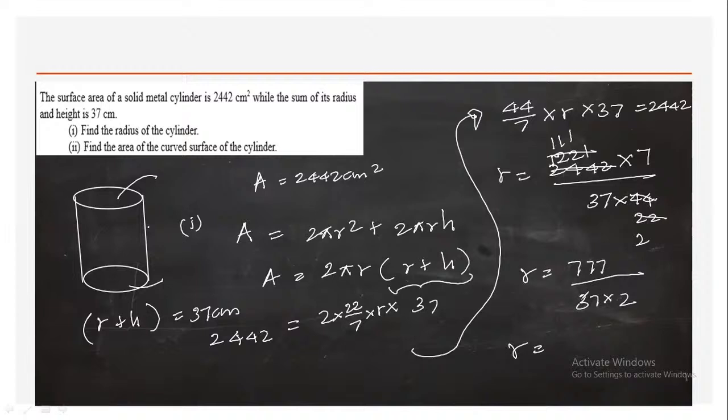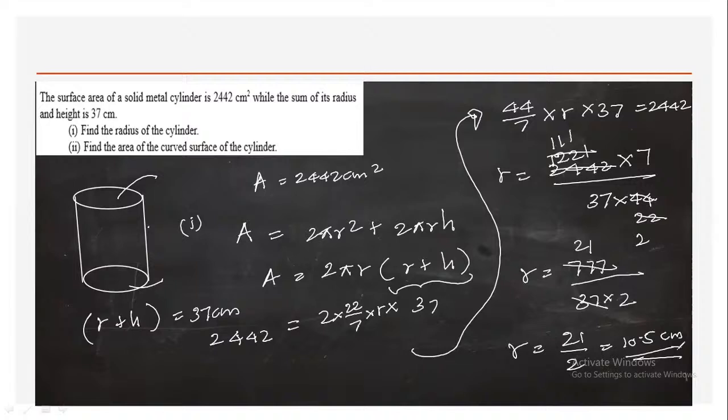That is really 22 exactly. Sorry, 21 are there. 21. Then 21 divided by 2, that is 10.5. The radius is 10.5 centimeter here.